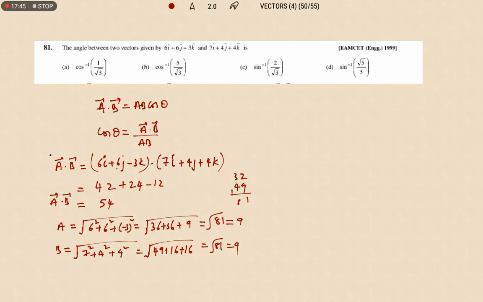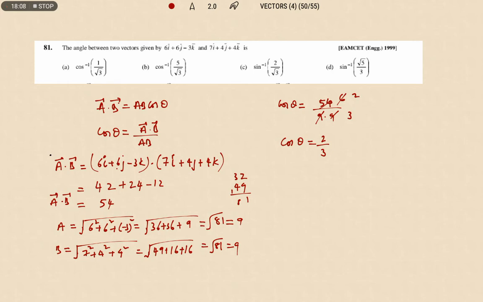Again 9. Therefore cos theta is equal to A bar dot B bar, 54 by 9 into 9, which is 2 by 3. So cos theta is equal to 2 by 3.